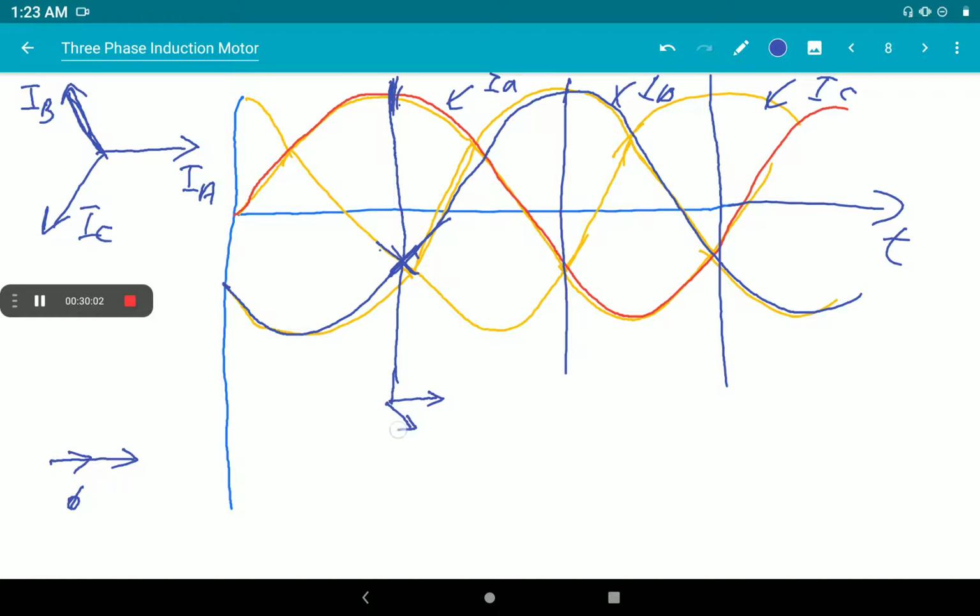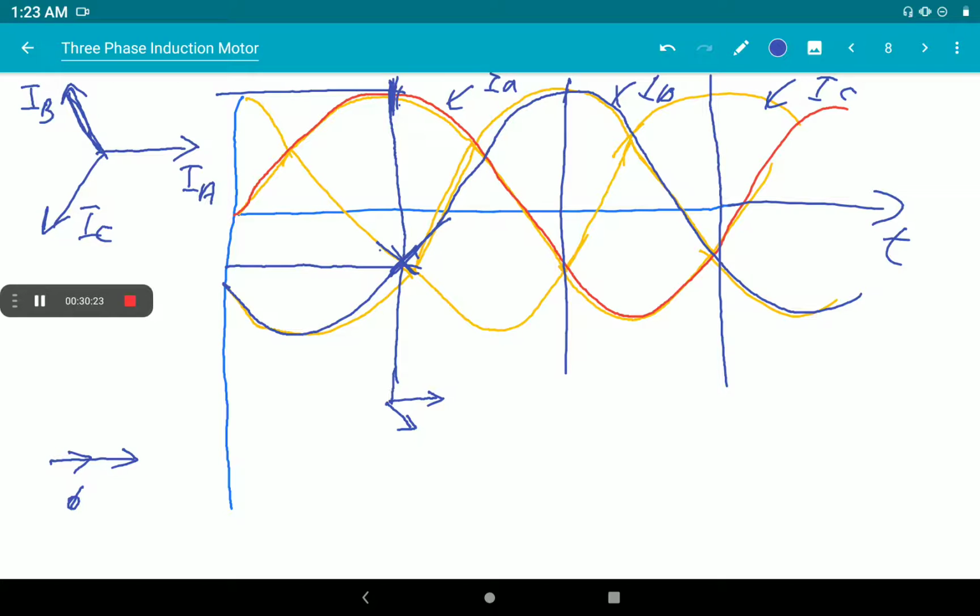Here the magnitude of IA is the peak value, but half of the peak is attained by IB and IC. When IA reaches its positive peak value, IB and IC are negative and their magnitude is half.